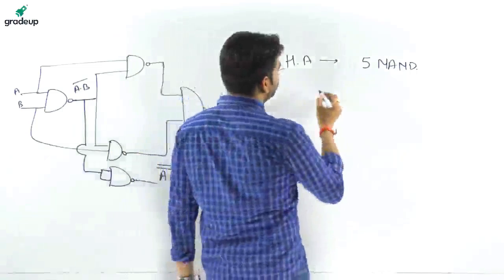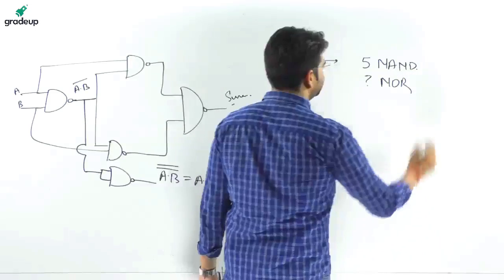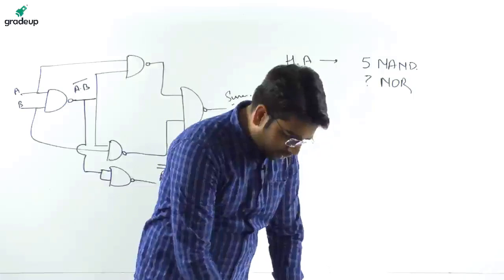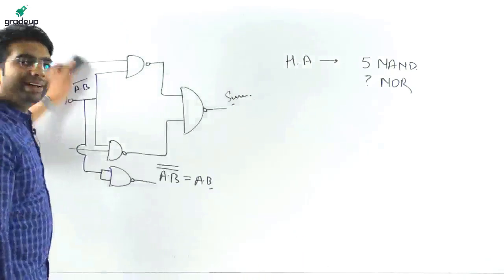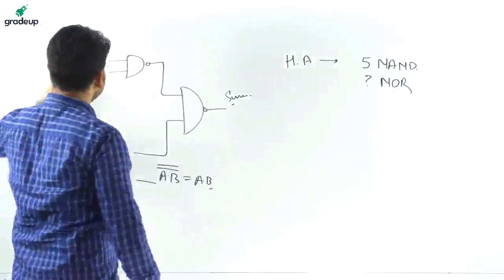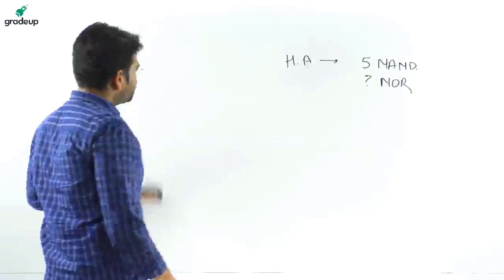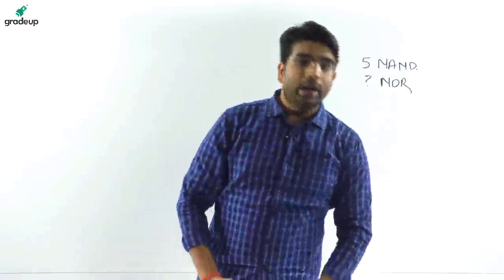For you all, a question: how many NOR gates are required? I'll tell you at the video end. ऐसा मत सोचना आता नहीं है, आता है. It will be 5, but you have to post your answers on how you are going to get 5.